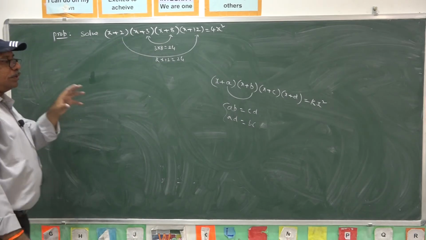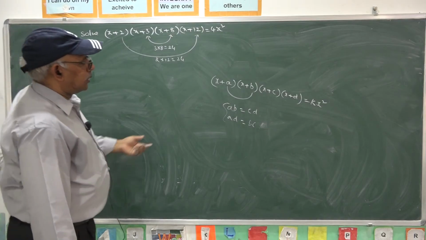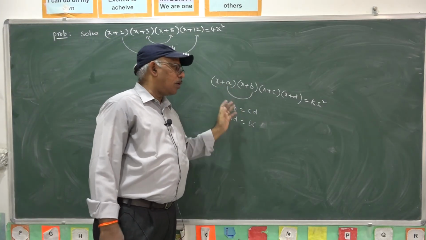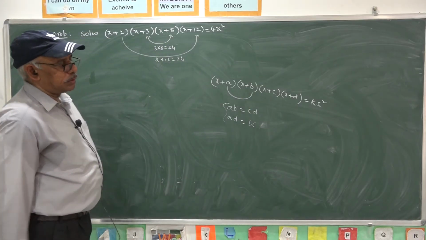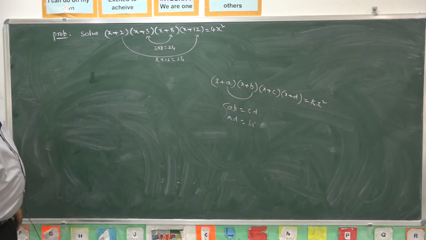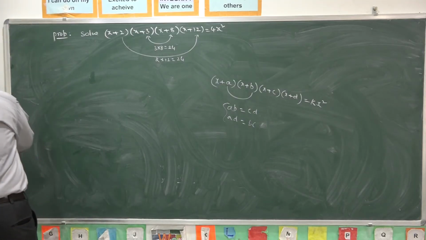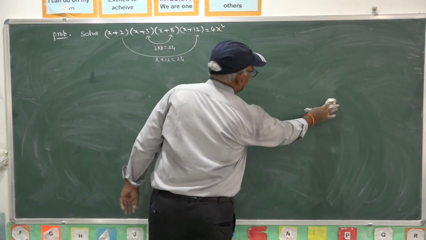Observe those products. Once the products AB equal to CD or AD equal to BC or any two products are equal to other products, in such a case, you can reduce the given equation to the quadratic form. That is the concept here.